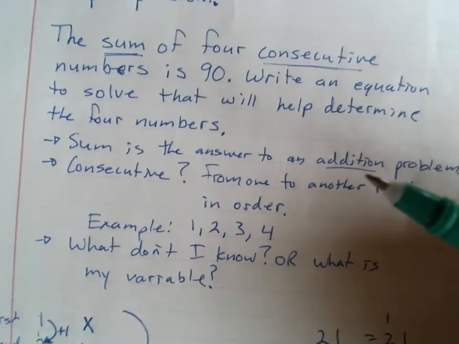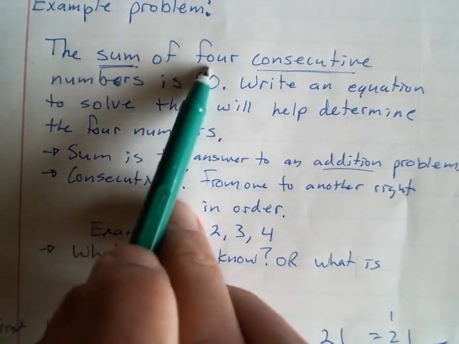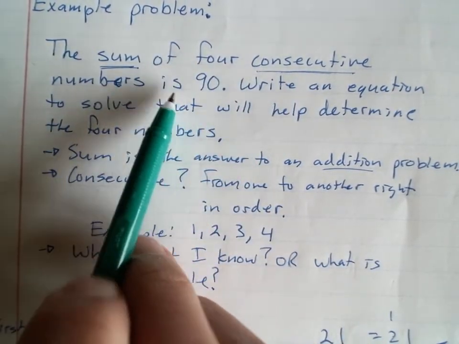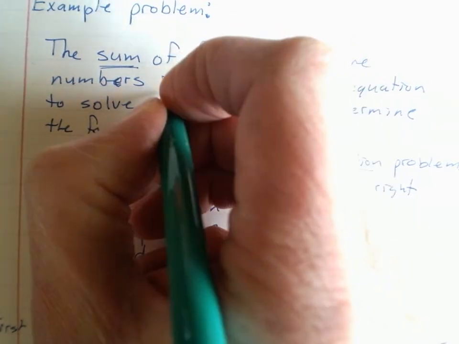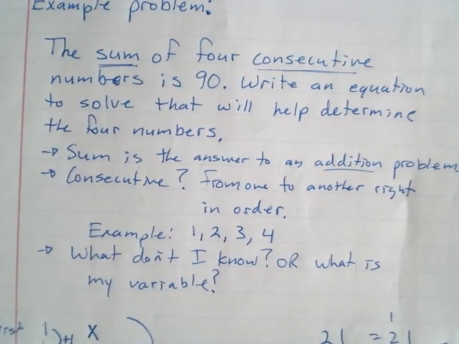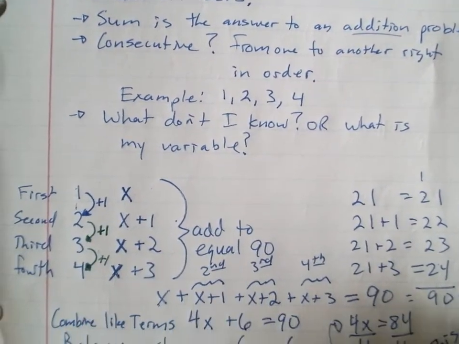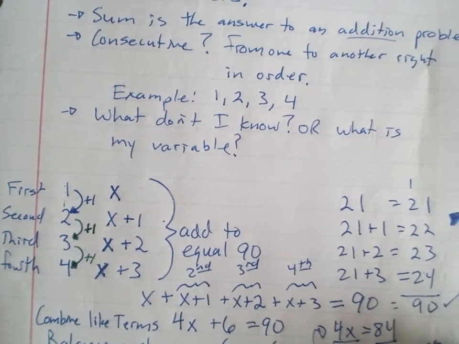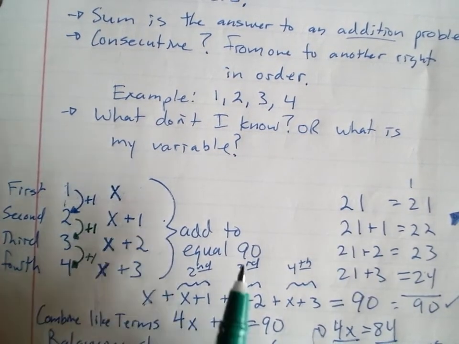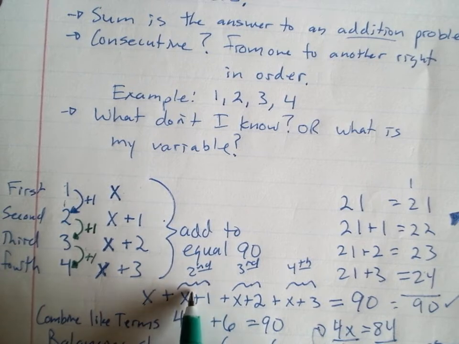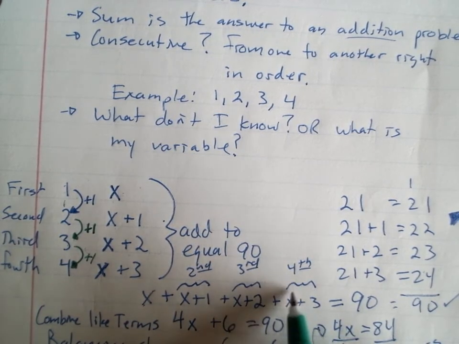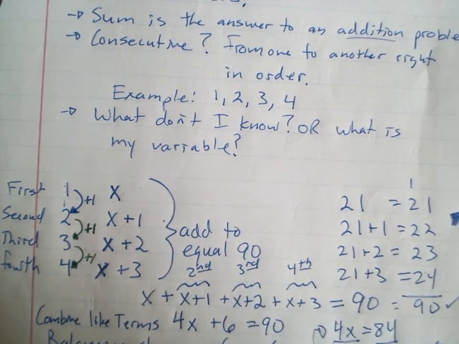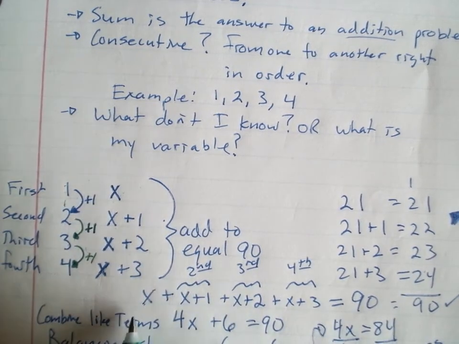Because when I go back to the original problem, the sum of those consecutive numbers is 90, meaning equals 90. So now I've got my equation. X plus, so the first number plus the second number plus the third number plus the fourth number is going to equal 90.